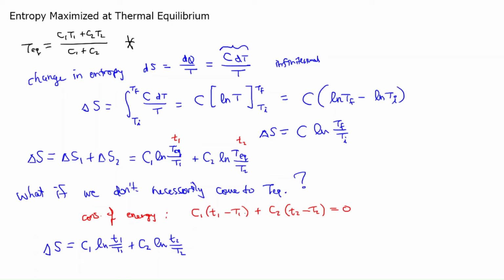All right, and to the extent that it looks like I have two variables here, little t1 and little t2, they're actually related using this calorimeter or conservation of energy equation. So I can solve this for t2 and plug in for t2 here. So now we're down to just one variable in the entropy equation. All right, so let me create a little bit of space and then we'll keep going with that.